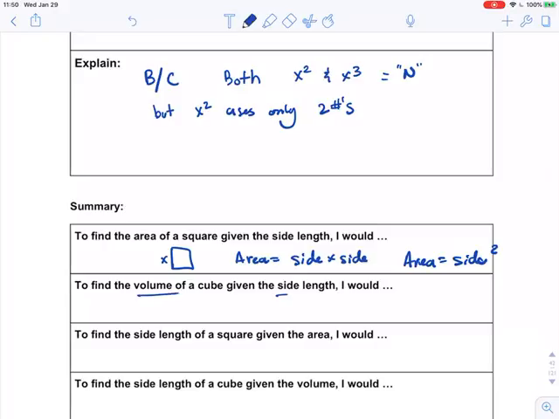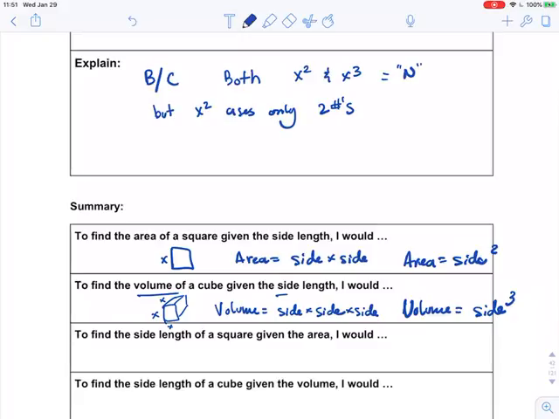To find the volume given the side, it looks something like this. Okay, x, x, and x. You would say volume is equal to side times side times side, or you can say volume is equal to side cubed.